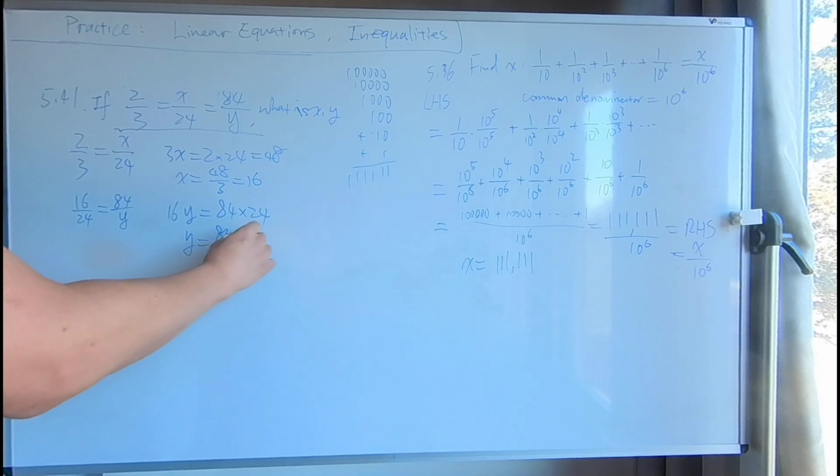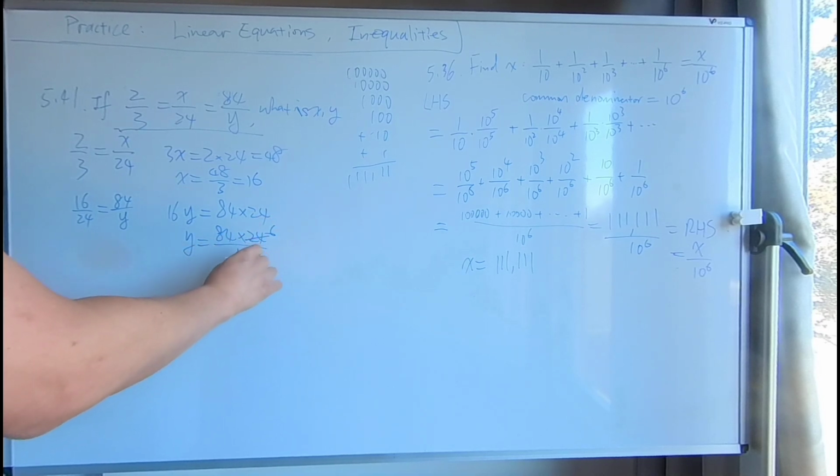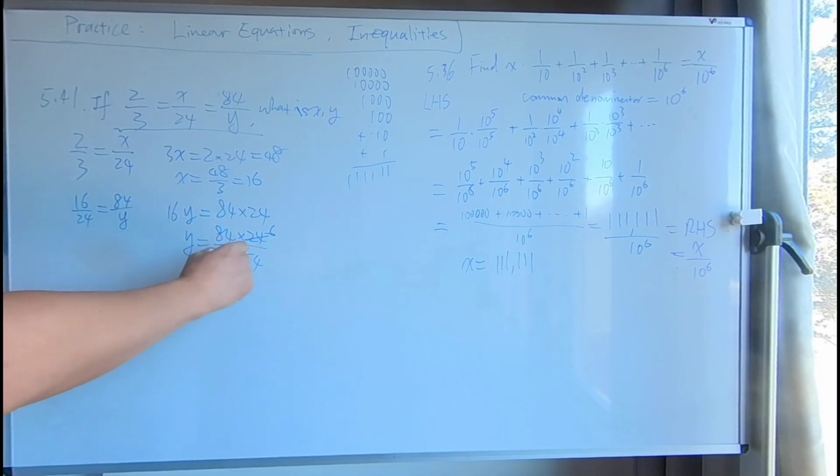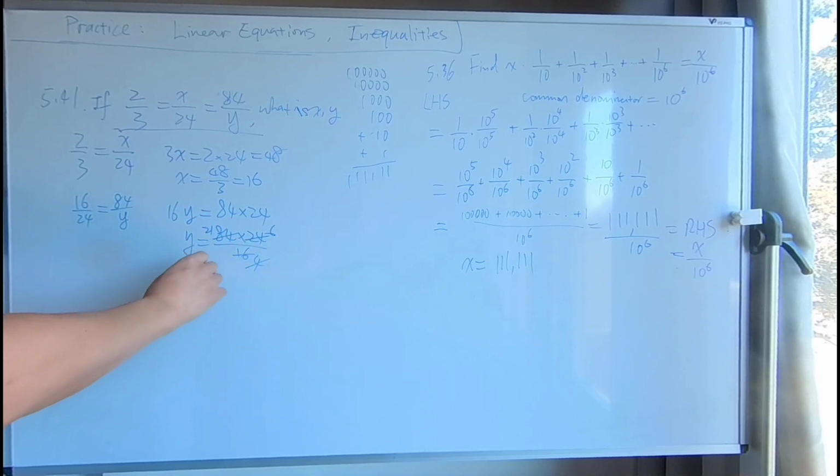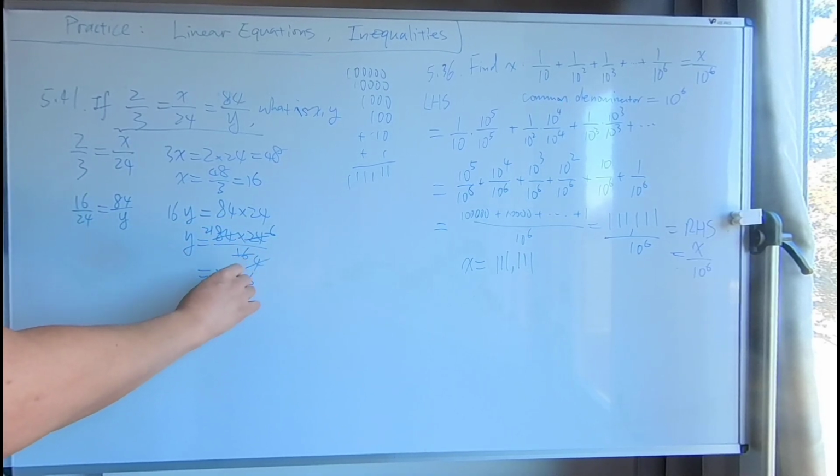So I have a factor of 4 here, and I also have a factor of 4 here, so then it's 21 times 6, so it's 126. So that's how we solve this kind of equation.